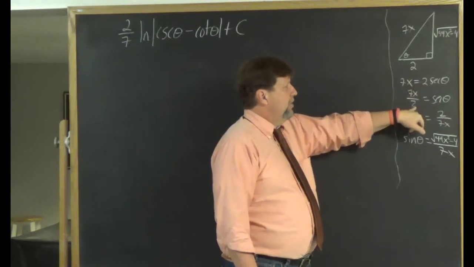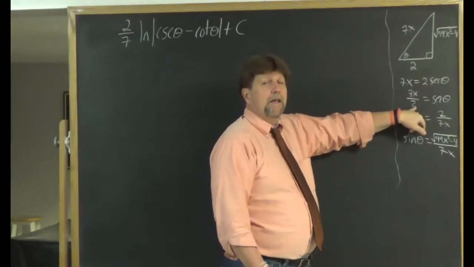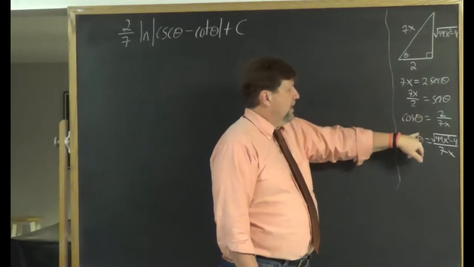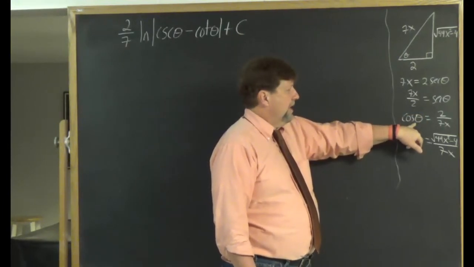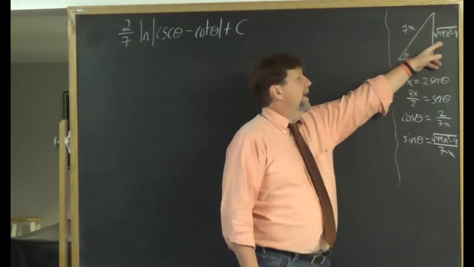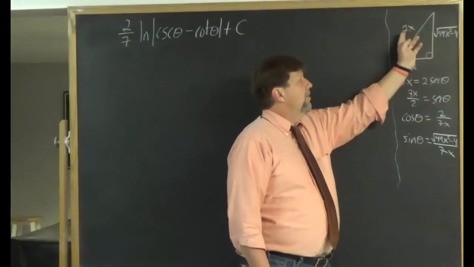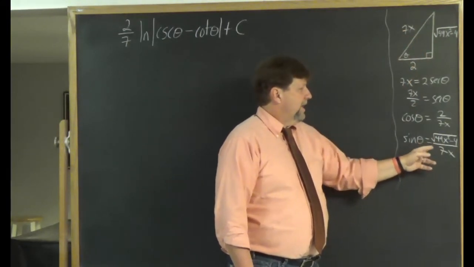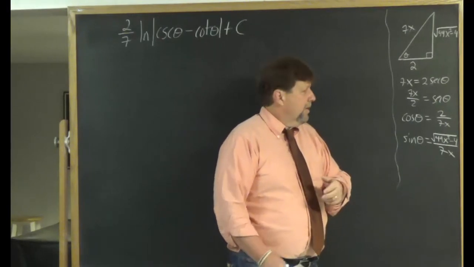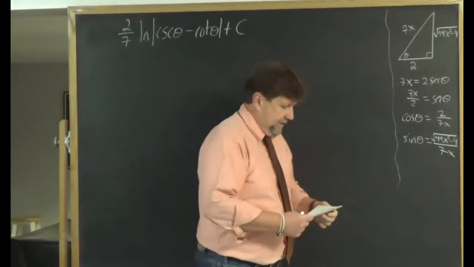If you divide by 2, you get what secant theta is. And we know the reciprocal of secant is cosine, so cosine theta is 2 over 7x. And sine theta from the right triangle is opposite over hypotenuse, so sine theta is square root 49x squared minus 4 all over 7x.